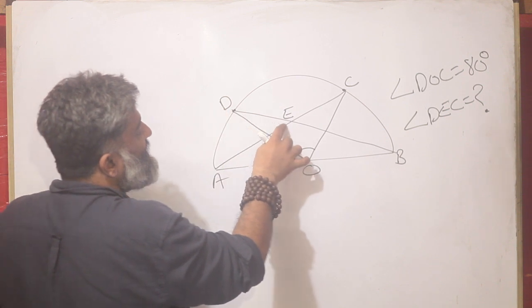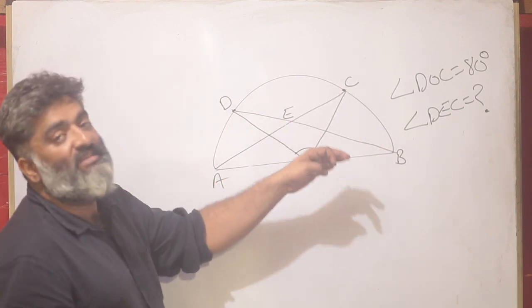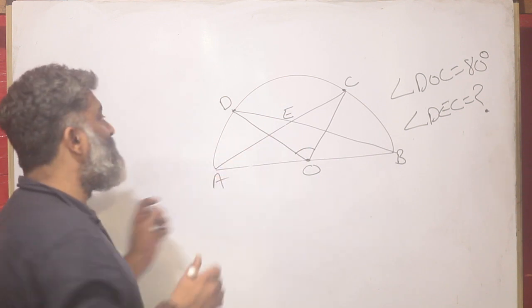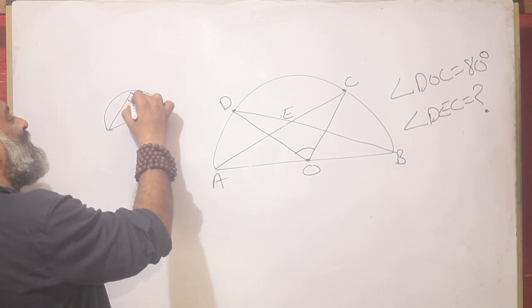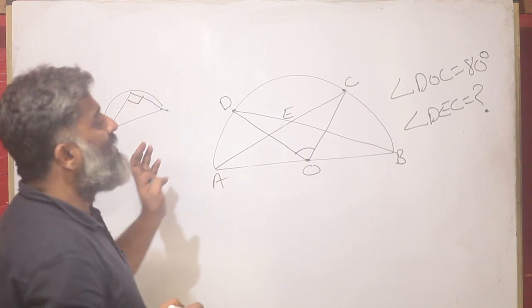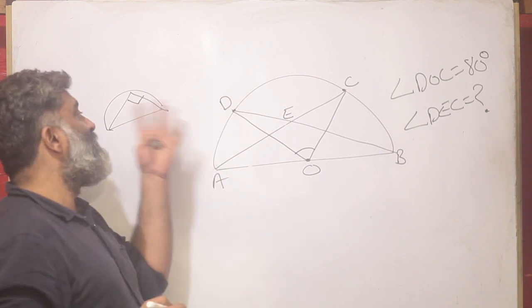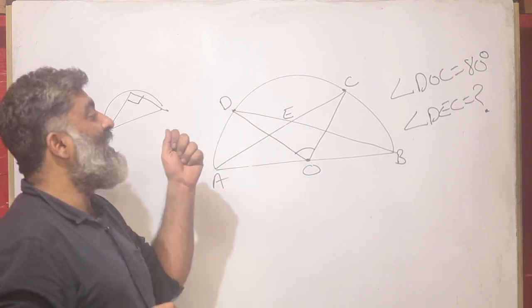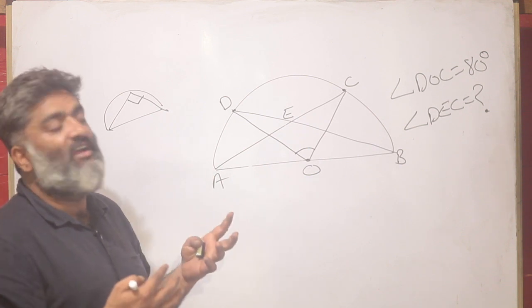Of course, when I see a semicircle, I might start using the other property that in a semicircle, if I draw any angle, that will always be a 90-degree angle. But we will try and do this question without using that property. I don't even know whether this will work or not. I still want to look for the idea of intersecting chords and the angles that they are creating.